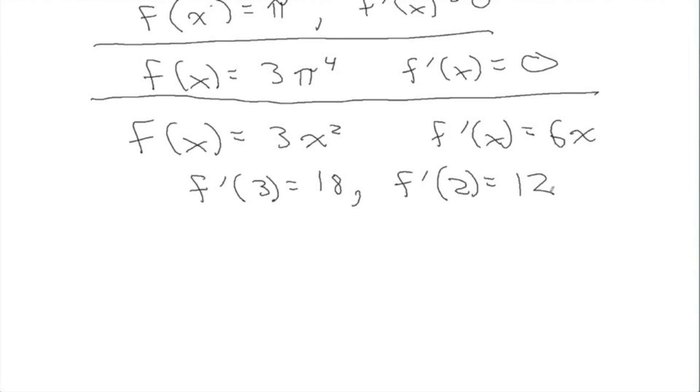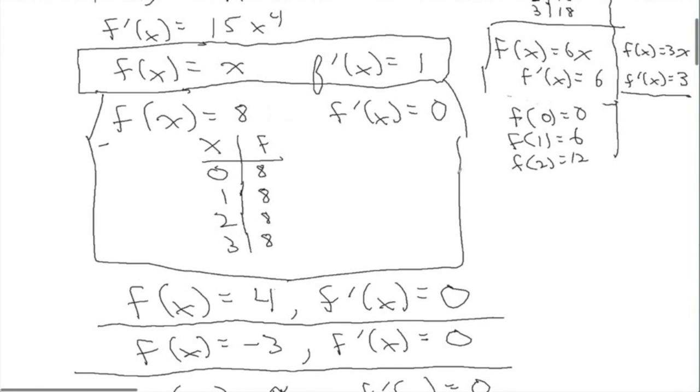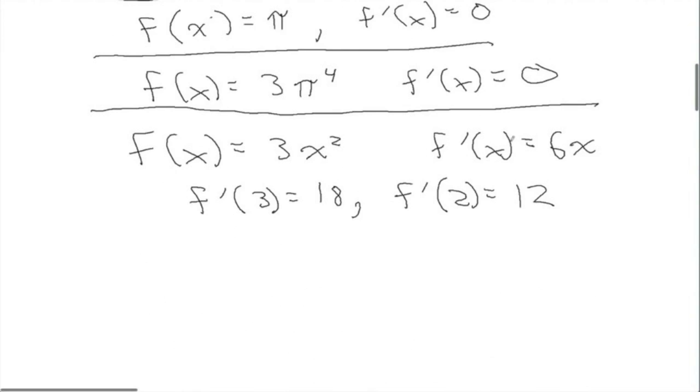How would you interpret that? As x increases from 2 to 3, the value of the function increases by approximately 12. That's right. Good. So notice that in this case, the derivative is different at different points. It's only when you have a straight line that the derivative is going to be a constant. Normally, the derivative is a function of x. Good.